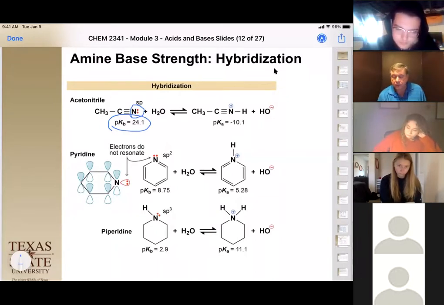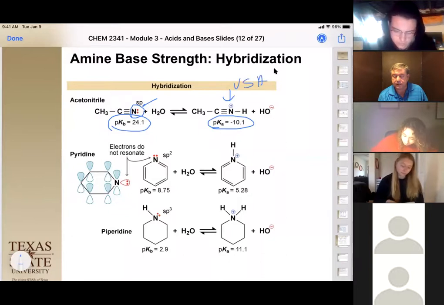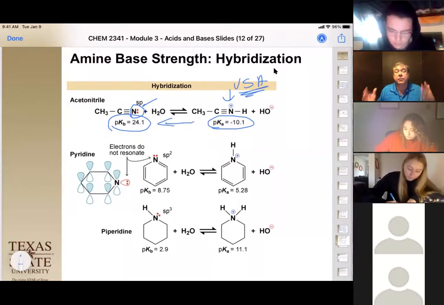However, we actually can protonate that lone pair, and then that has a pKa of -10. So what does that mean? That means this is a very strong acid. Because of that, the equilibrium is going to lie in that direction, because that's a super strong acid and a super weak base, so it's going to go back to the other side.